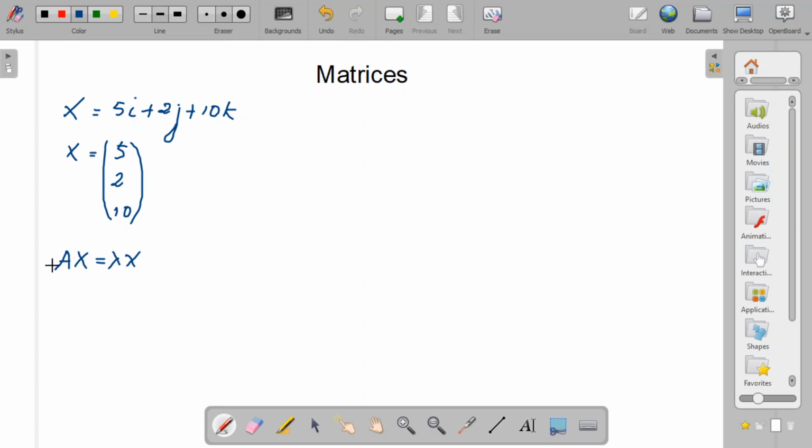So the operator operating on x is giving lambda into x, where lambda is a scalar, or a constant. If I get it in this form, you can say that this lambda is the eigenvalue of the vector x. If I have an operator A which is operating on x, and this result gives lambda multiplied by x, then I can say that this lambda is an eigenvalue.